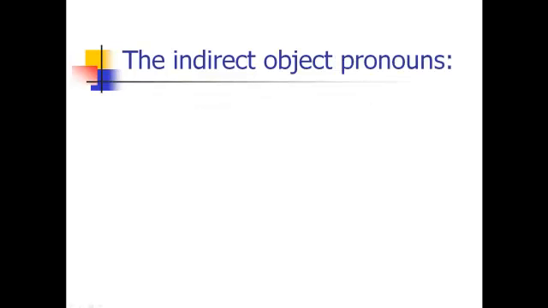So let's take a look at the pronouns that would replace those indirect objects, the words that would follow à. If it's first or second person, you're going to use these: me, te, nous, or vous, which probably look familiar because me, te, nous, and vous can also be direct object pronouns. They can also replace nouns that are directly receiving the action of the sentence.